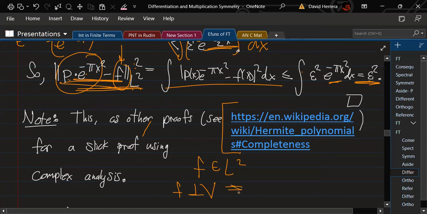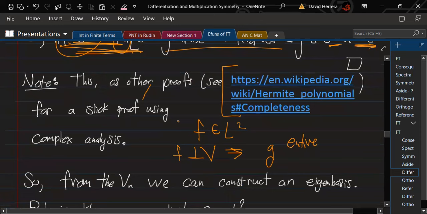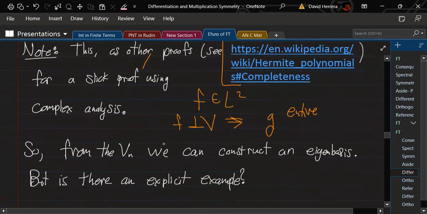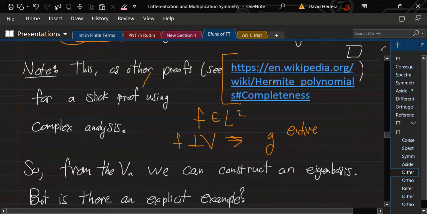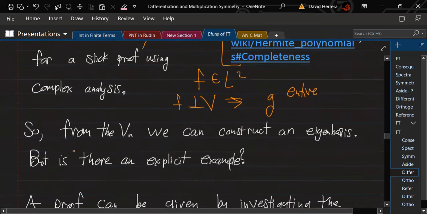Then what you do is you cook up some kind of function G that's entire, and you basically use it to show that f is 0. I don't remember exactly how the proof goes, but if you look it up, it's very interesting. It's one of those slick proofs that they use a lot, complex analysis, and it's good to be familiar with some of those ideas. I don't use it very much, so I don't remember off the top of my head, but you can go check that page.